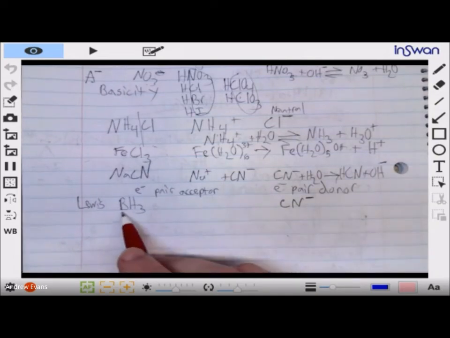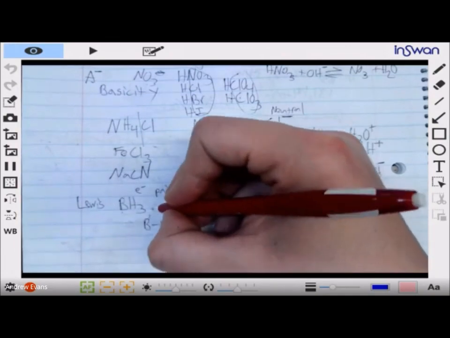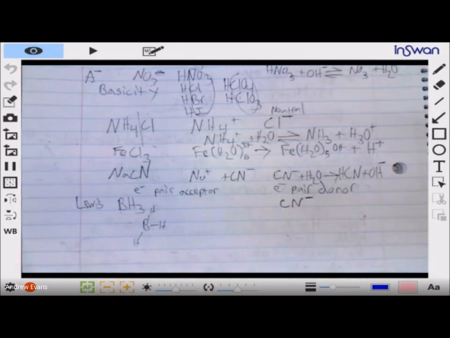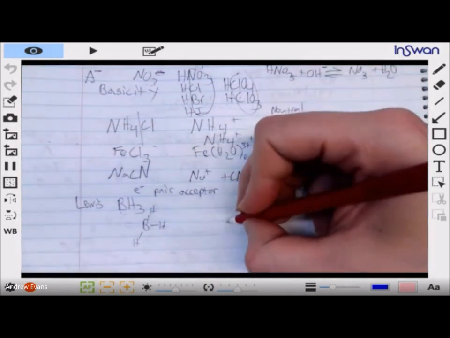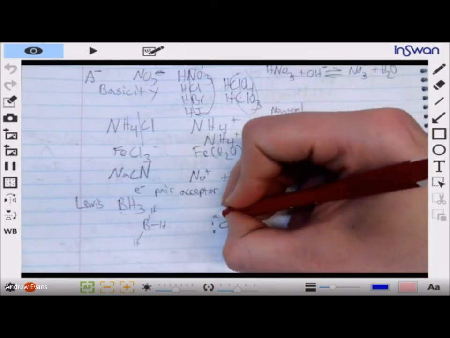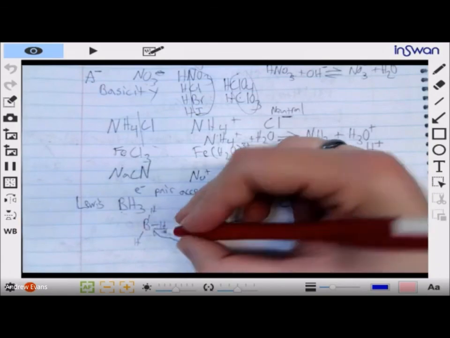So BH3, what do we know about BH3? When you draw that, it has 6 electrons. It is not happy. It wants an octet. Cyanide, you draw this structure, you have CN with a lone pair. This guy's going to come and boom, attack there.